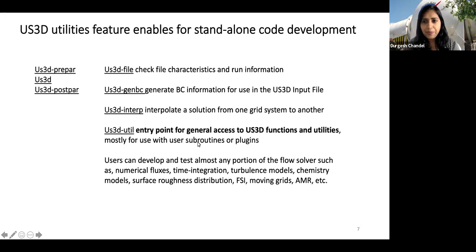There is a lot of detail available if somebody wants to use it. There is a user manual and there is help. I'm just giving an overview here.